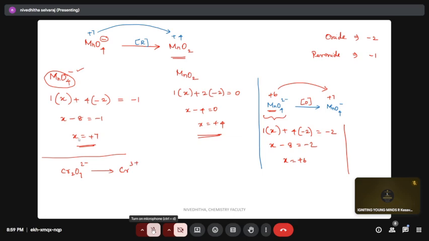Now we have to find whether this reaction is oxidation or reduction. Reduction, ma'am. Justification.